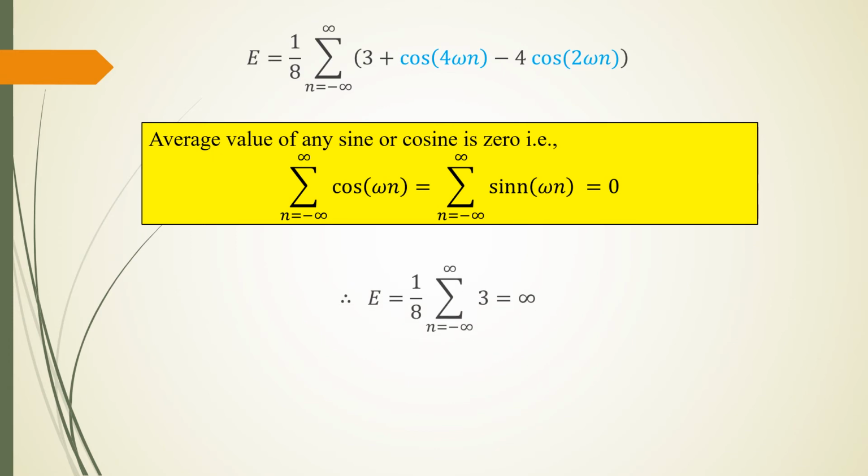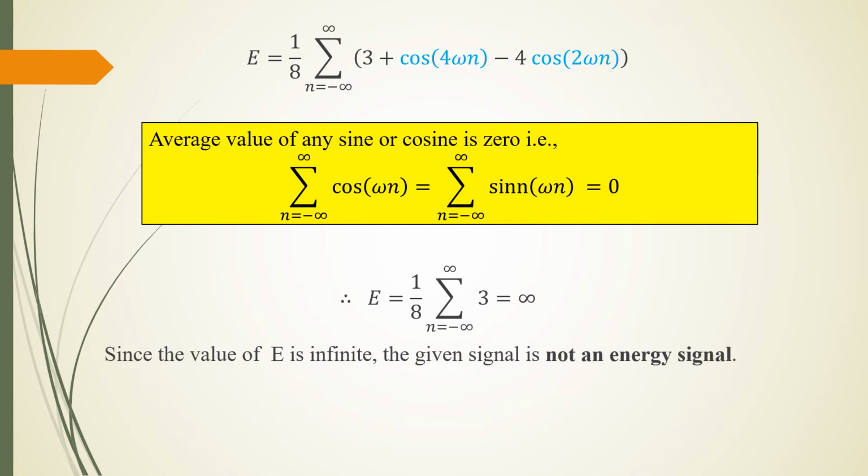So replacing these cosines by zeros, we'll be left with 1 by 8 summation n is equal to minus infinity to plus infinity of 3. This becomes infinity because this summation sums up 3 infinite times. So the total summation will be infinity. Since the value of E is infinite, the given signal is not an energy signal.